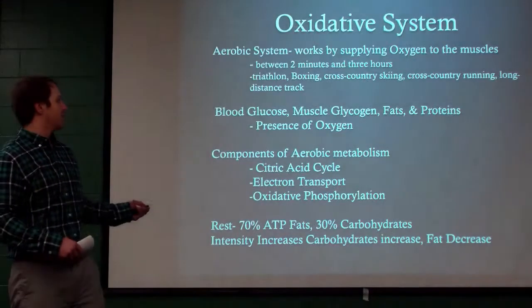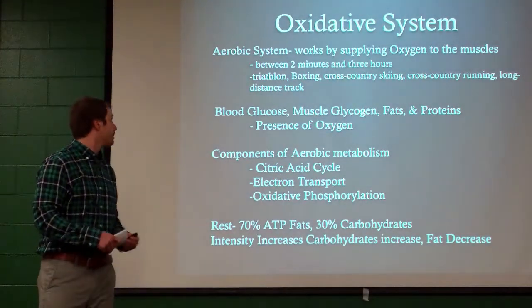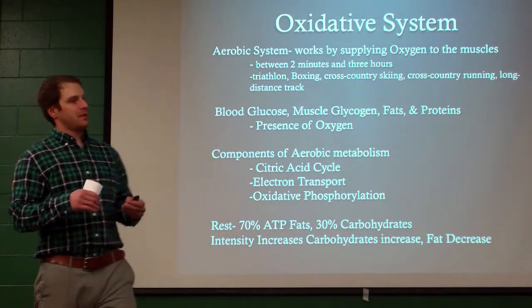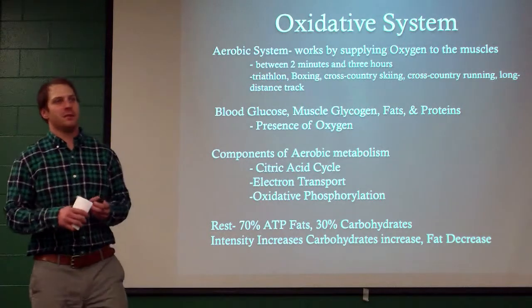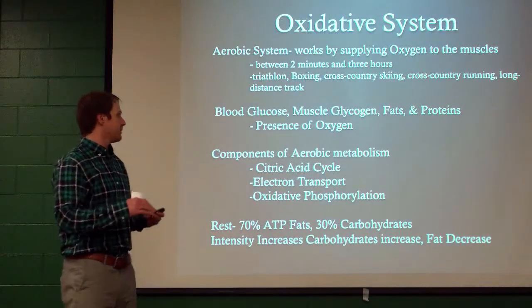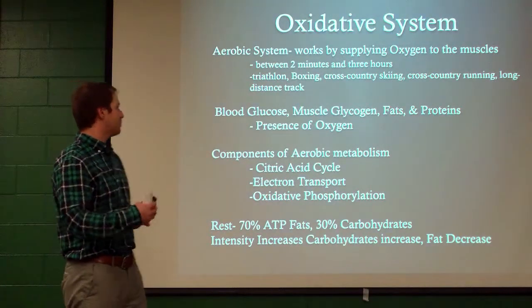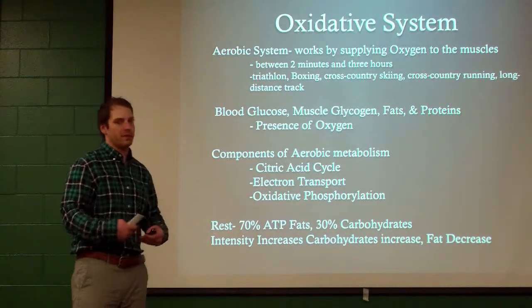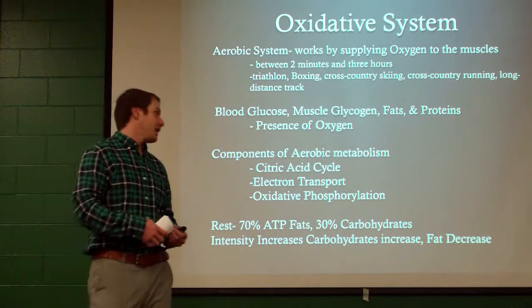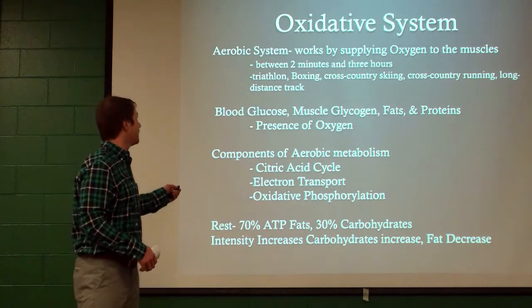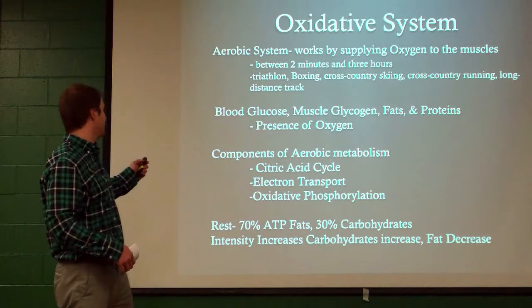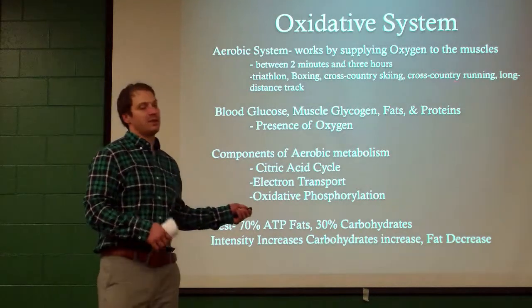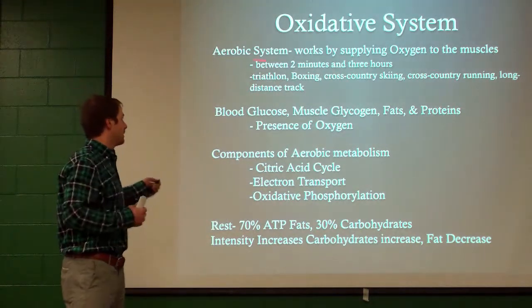Next, we have the oxidative system. This system is very similar to glycolytic in that it can use blood glucose and muscle glycogen, but it also goes a step further and uses fats and proteins. And as you can see, there's kind of a theme going on here: as we change from system to system, the duration is getting longer.